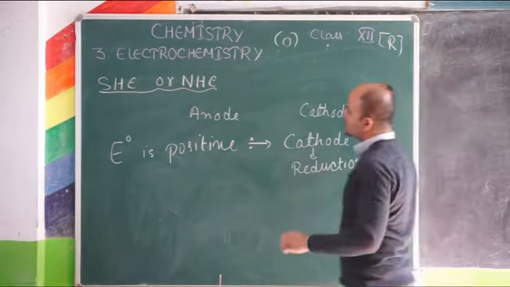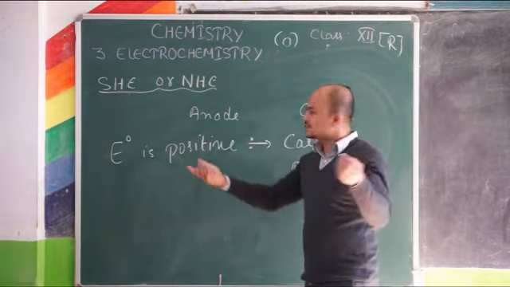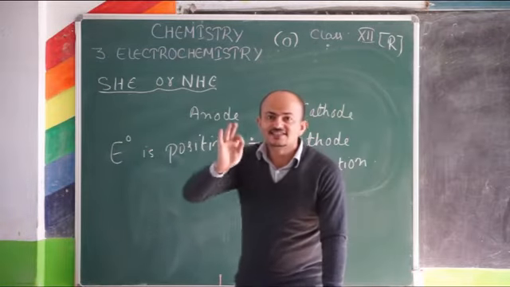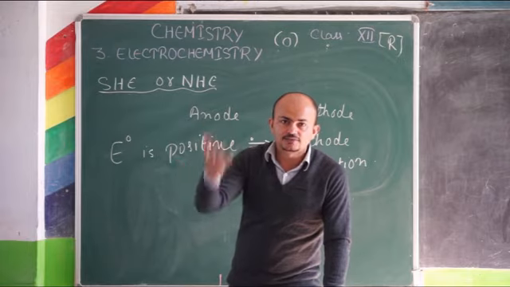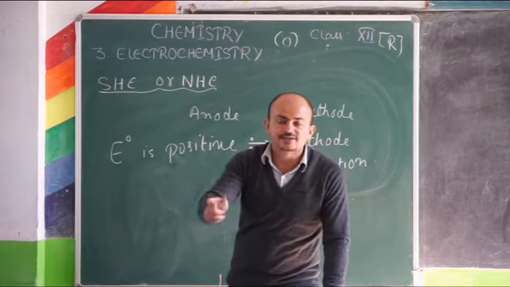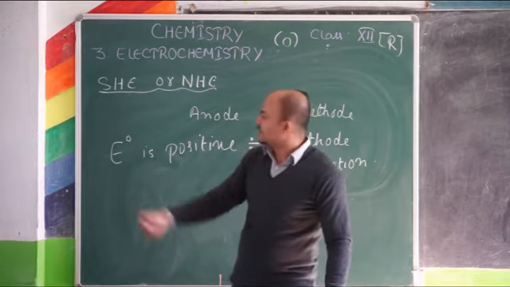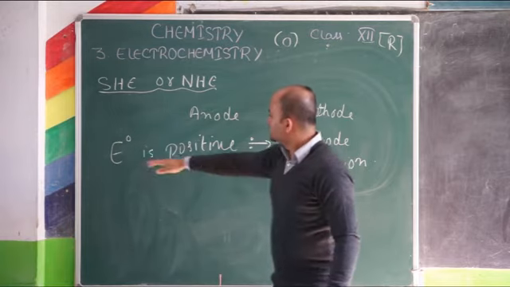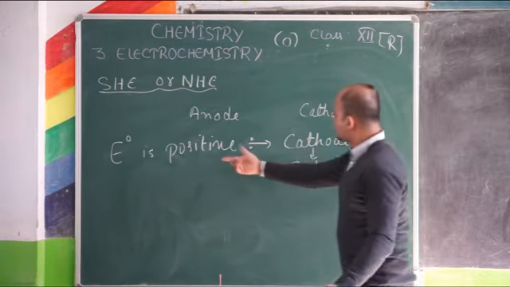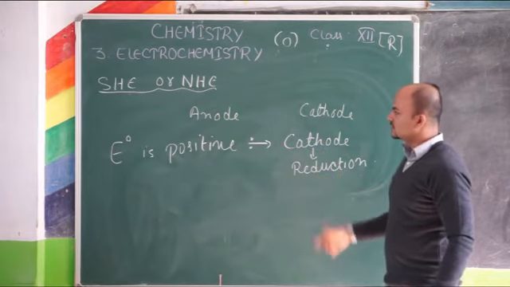Now what is E naught? Naught means standard. The electrode has to be in standard condition, and the EMF of that is known as the standard electrode potential. Now if E naught is positive, then this particular half cell will act as cathode, and reduction takes place.